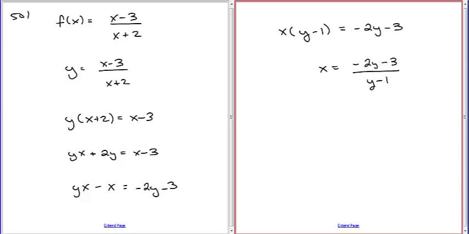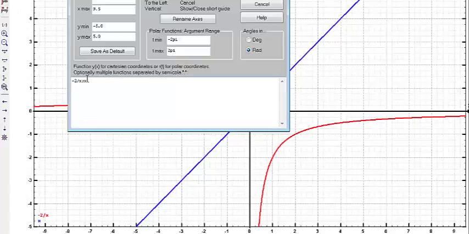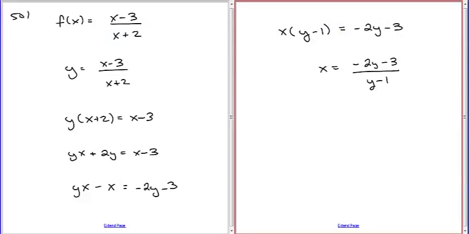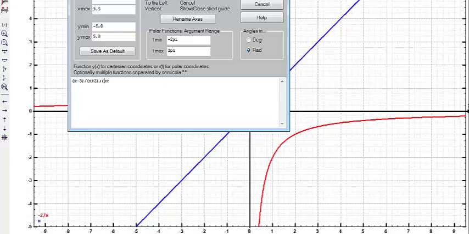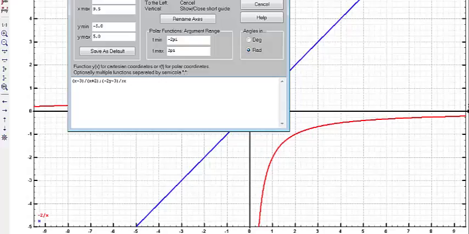So now we're going to plot these. X minus 3 divided by x plus 2. And the second function is negative 2y minus 3 divided by y minus 1. So actually I need to put in x's for that. I'll go back and fix that in a second.